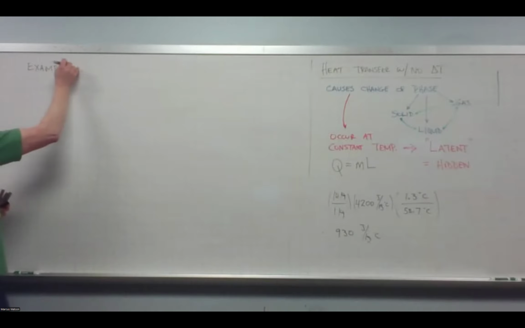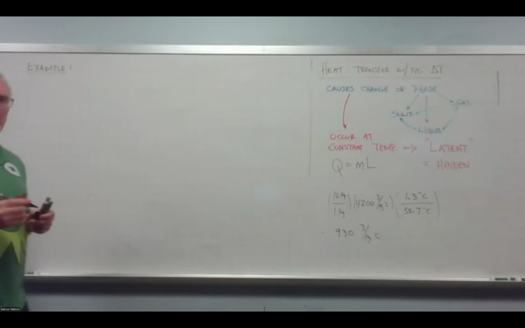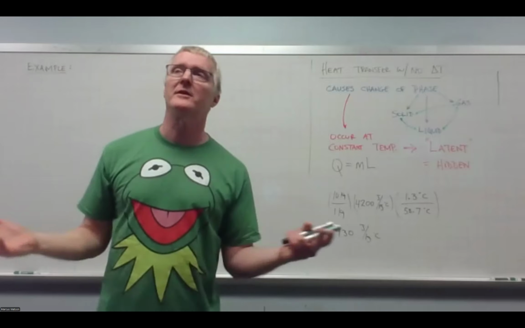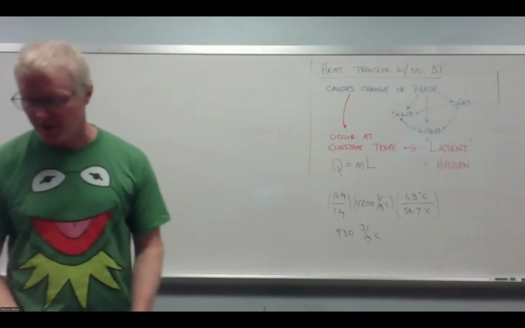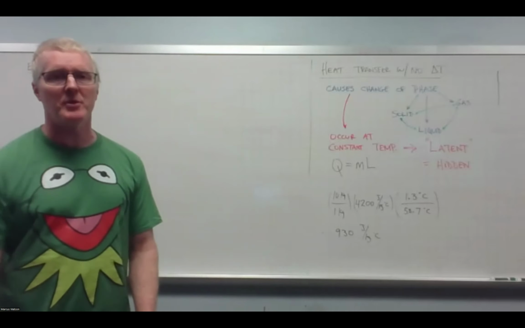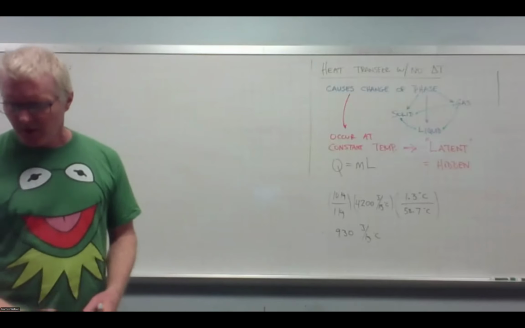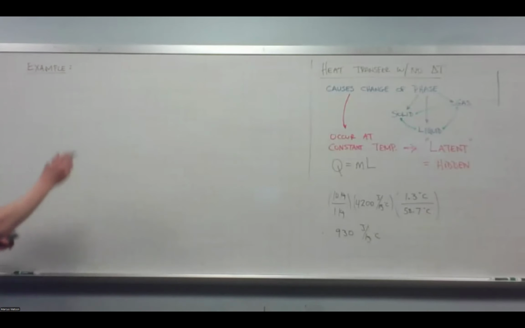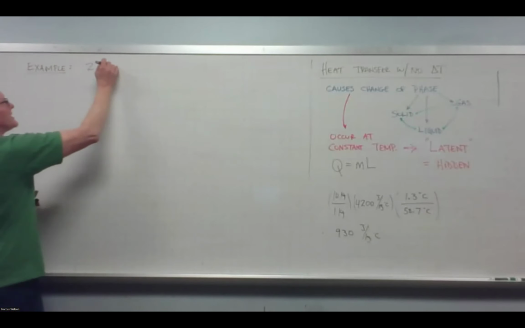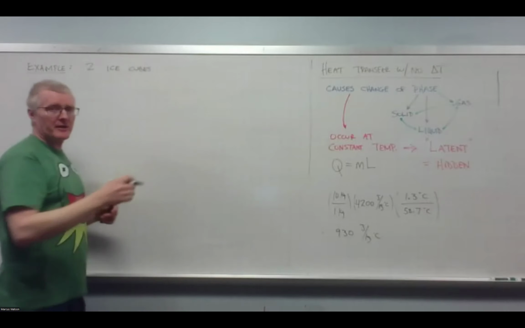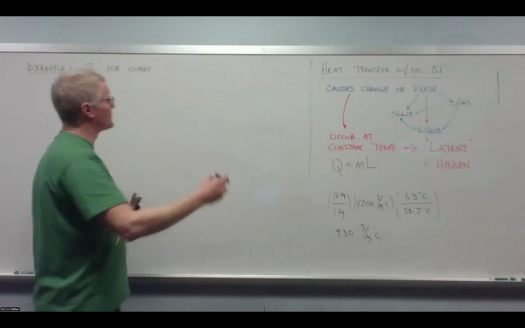I want to drop some ice cubes into liquid water, or something that can be modeled as essentially pure liquid water. Suppose that I know the mass of the liquid and the mass of the ice cubes. We're going to look at the initial state as being 2 ice cubes, fresh out of the freezer, so we know their temperature. Did I say minus 15 for these? Yep, I did.